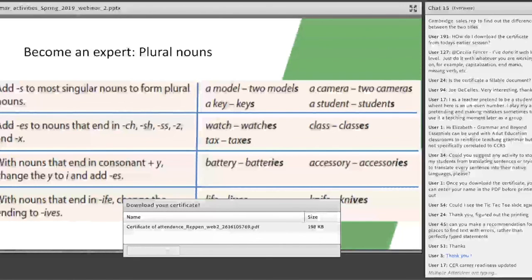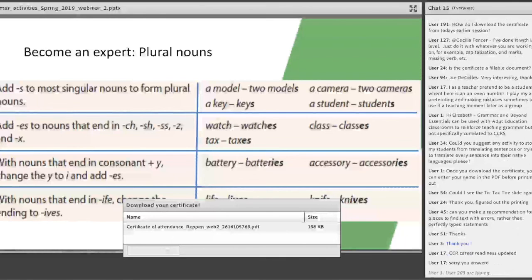One question is, could I suggest some activities to stop students from trying to translate every sentence into their native language? Well, that's hard, right? Especially at a beginning level, that's when it's the most common. But all you can do is help students say, let's try to just do this in English, and let's try to make it work. It just takes practice, and it takes building confidence in your vocabulary resources.